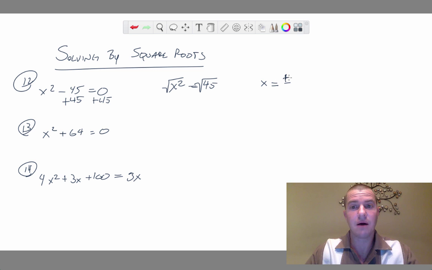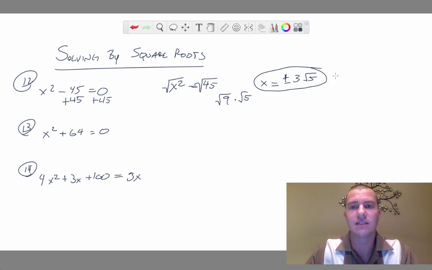And so it becomes 2 answers, and simplify the radical, it's not a perfect square, so you do need to simplify it. I'll do my perfect squares, and I have square root of 9 times the square root of 5, which becomes 3 square root of 5. And so x is equal to plus or minus 3 square root of 5. And that's it. These are done.